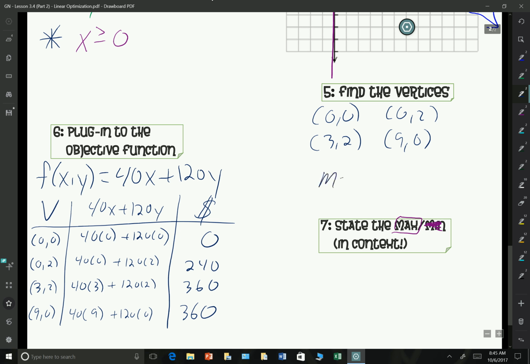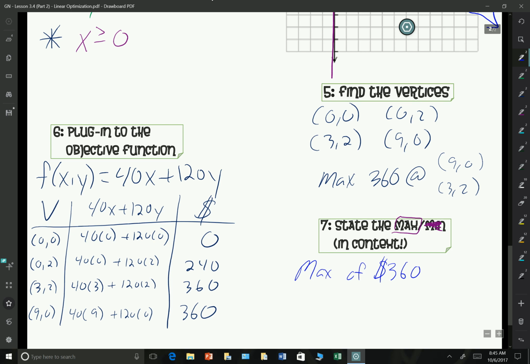So we have a max of 360 at what? 9, 0 and 3, 2. So we need context for that. They'll make a max of, what's the units for 360? Money, so dollars.